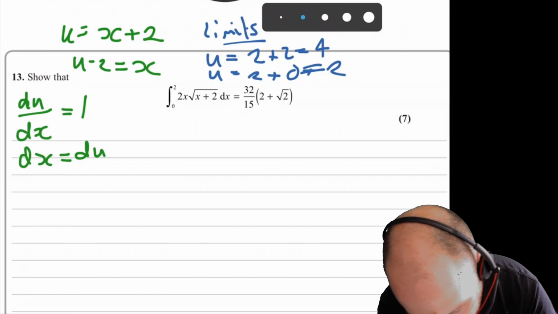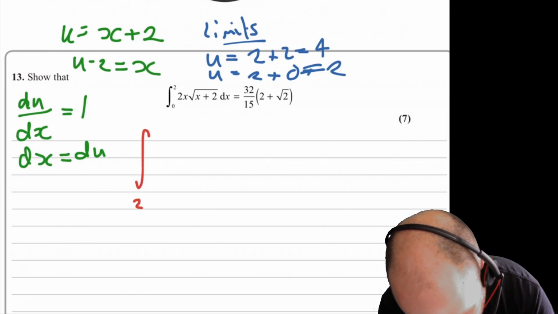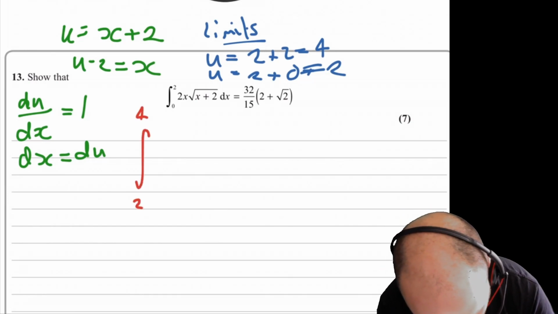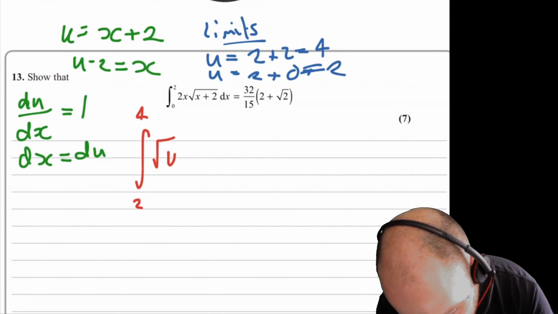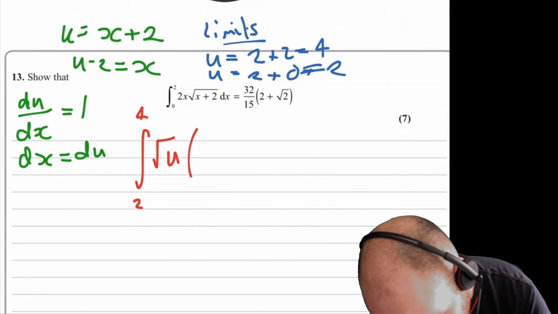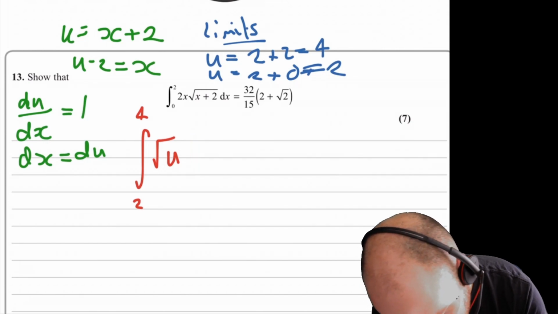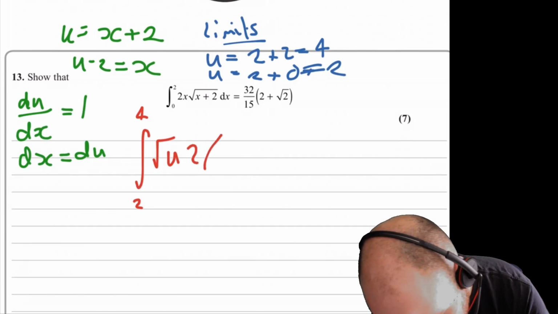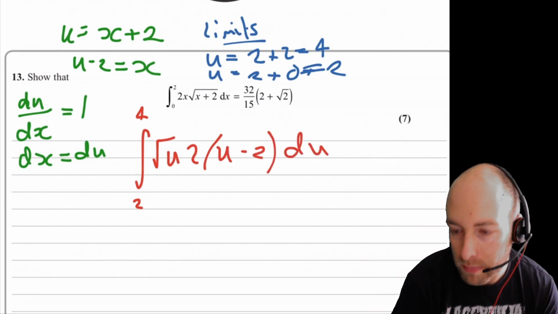So my integral would become the integral from 2 to 4 of root u times 2x. Well, 2x is going to be 2 lots of u take 2 times du. We get this.